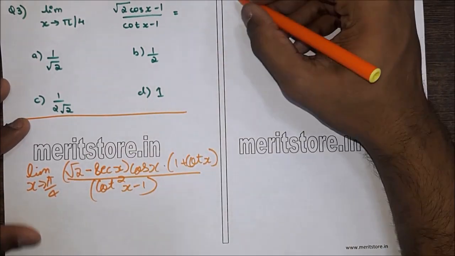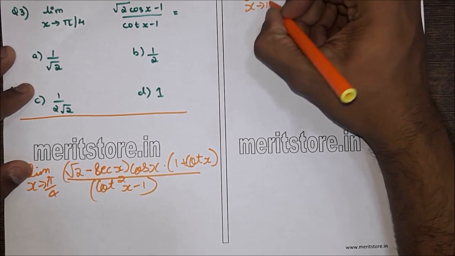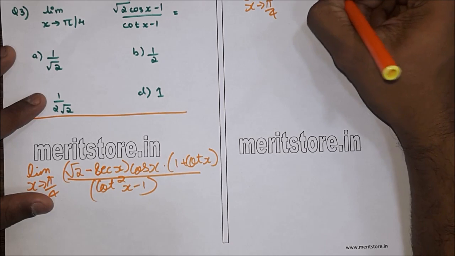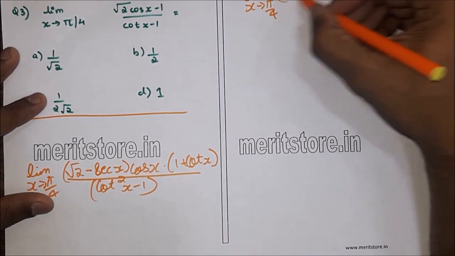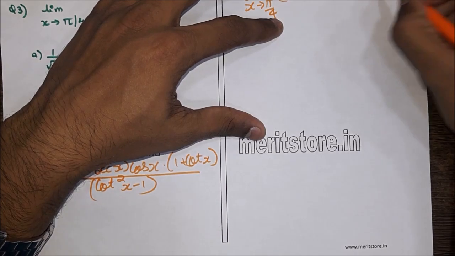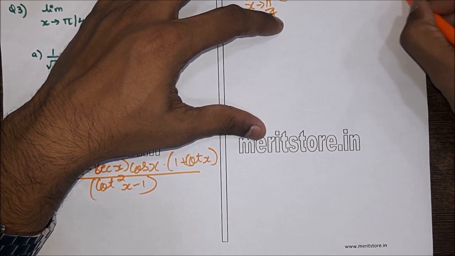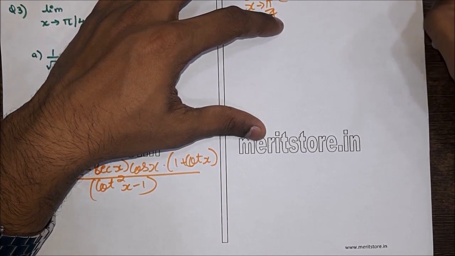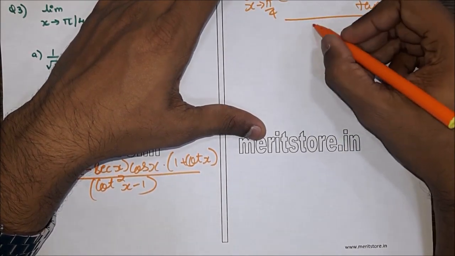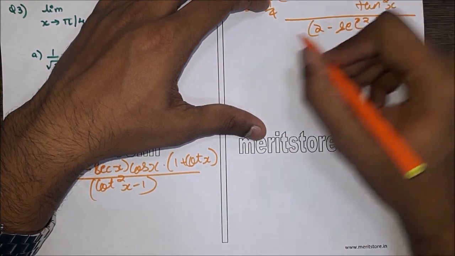Next, what we do is we take limit of x tends to pi by 4, (root 2 minus sec x) into cos x into (cot x plus 1) into (tan square x upon 2 minus sec square x).